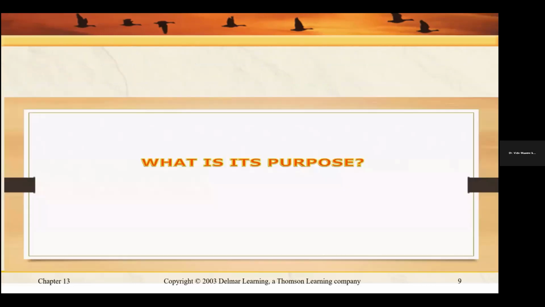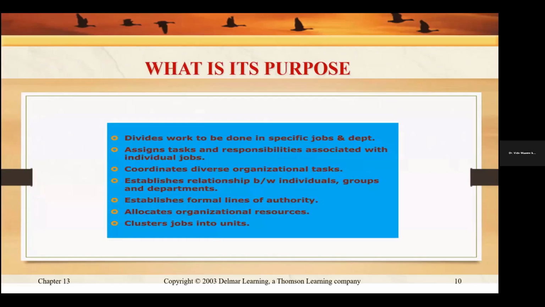And what is its purpose? The purpose of the structure is to divide work to be done in a specific job and department. It assigns tasks and responsibilities associated with individual jobs. It coordinates diverse organizational tasks. It establishes relationships between individuals, groups, and departments.